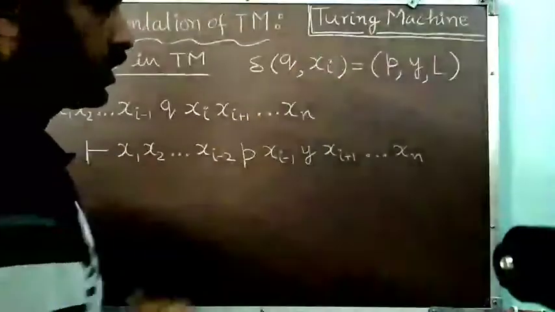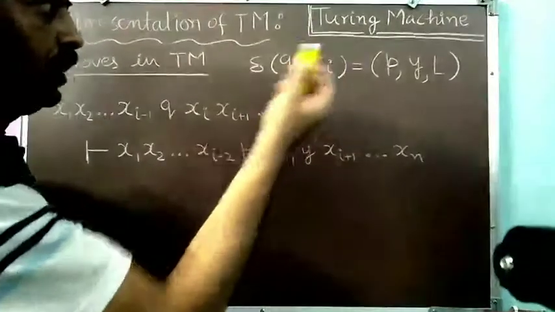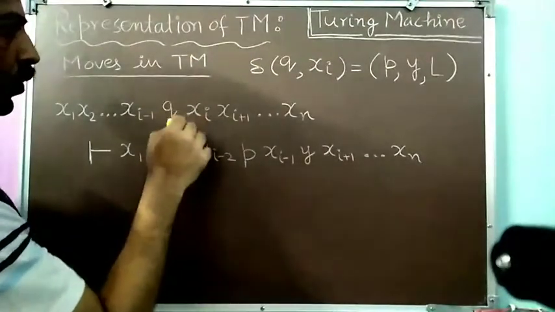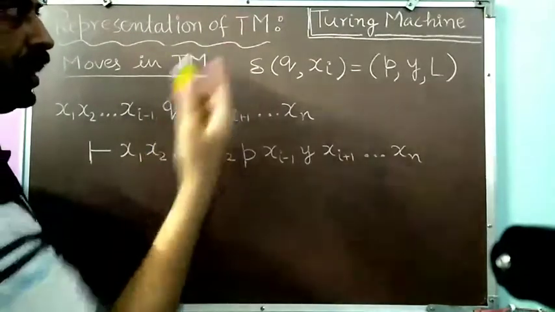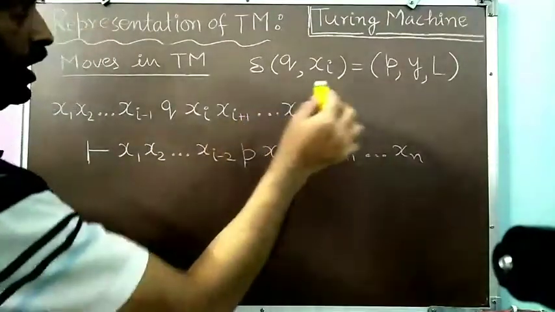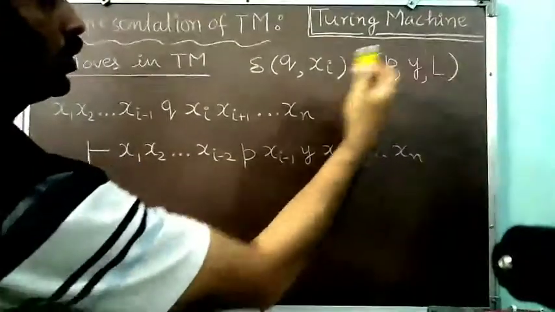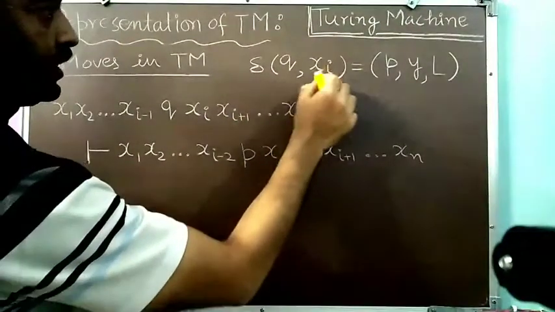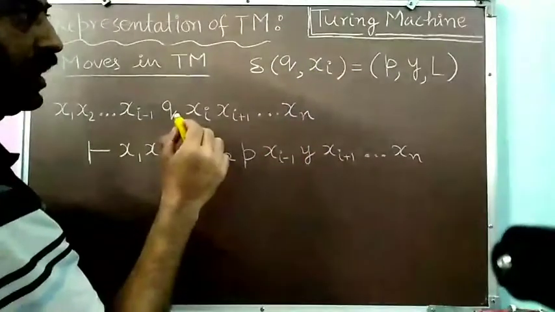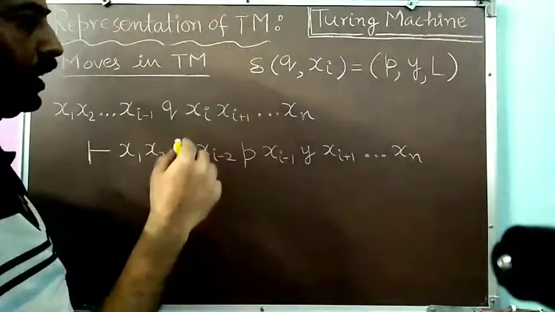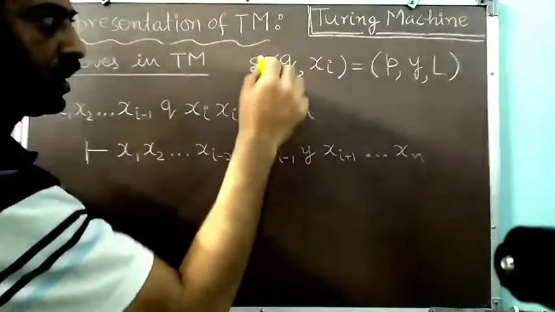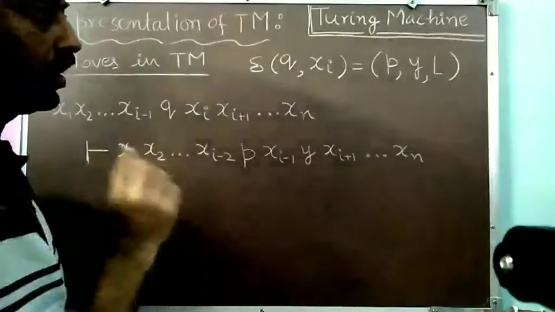Now when this transition takes place, what will be the new ID? If this transition takes place, q will become p, so our state will become p. And because we have to move one position left, xi minus 1 will become the cell under the current read-write head.